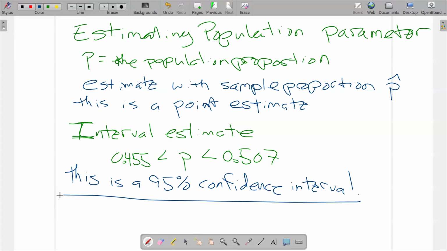If you look at the fine print of that study I brought up from Pew, they'll either state their interval estimate, or they'll state what's called a margin of error, which I want to illustrate next. And we'll take a little break.